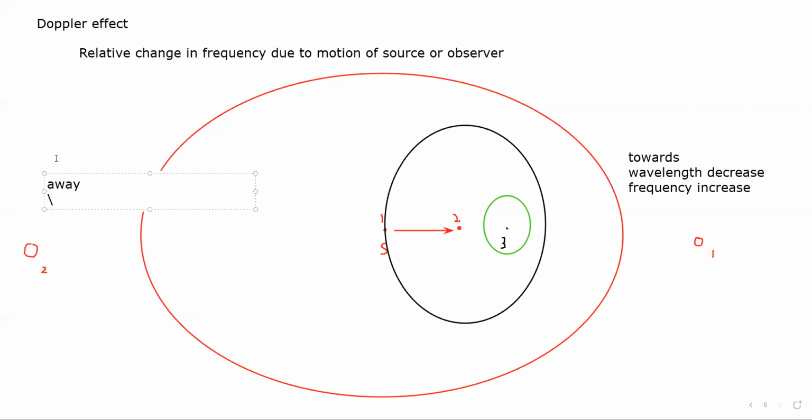When it is moving away, the wavelength appears to increase and the frequency decreases, and this relative change in frequency and wavelength due to motion of source and observer is called the Doppler effect.